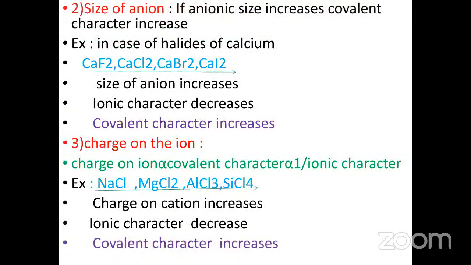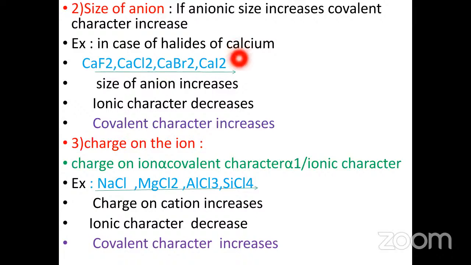Next goes to size of ion. If anion size increases, the covalent character increases. That means the ionic size is directly proportional to the covalent character. Then in the case of halides of calcium: calcium fluoride, calcium chloride, calcium bromide, and calcium iodide. These fluorine, chlorine, bromine, iodine all belong to the seventh group elements.